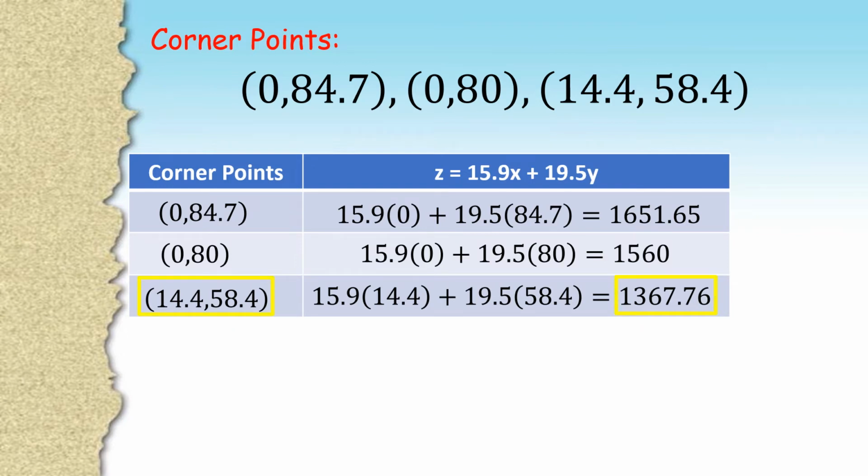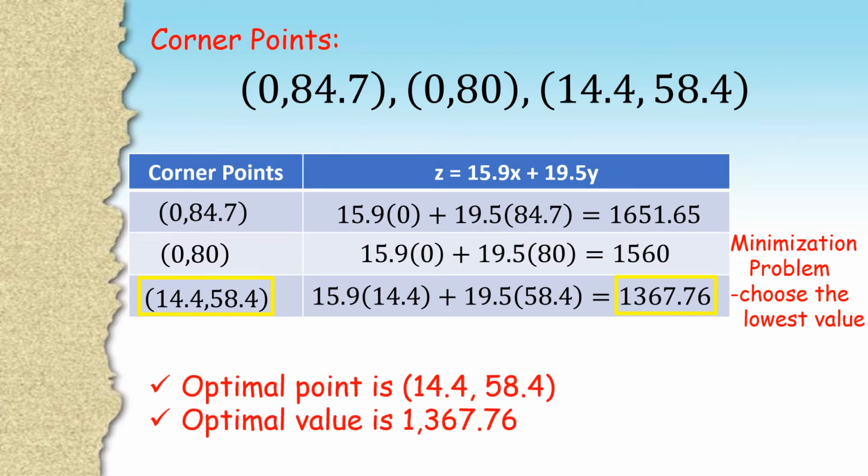So since we are dealing with a minimization problem, we choose the lowest value. So we can conclude that the optimal point is at (14.4, 58.4), and the optimal value is 1367.76.